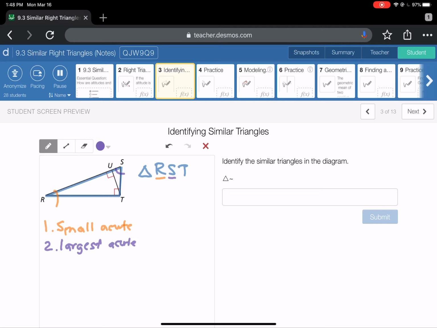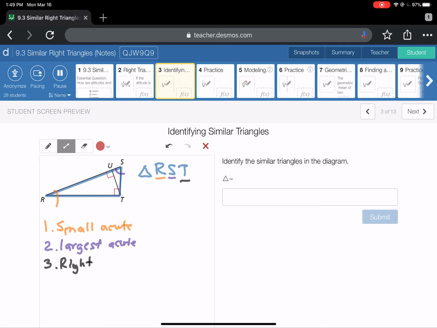Hopefully that's not too confusing, because large represents a large angle, but it's just the largest of the acute angles. We have two acute angles, a small one and a larger one. That's how I'm going to differentiate that. And then lastly, angle T, which in the blue triangle that I traced is our right angle. That's the order that we're going to follow to name the other two triangles.